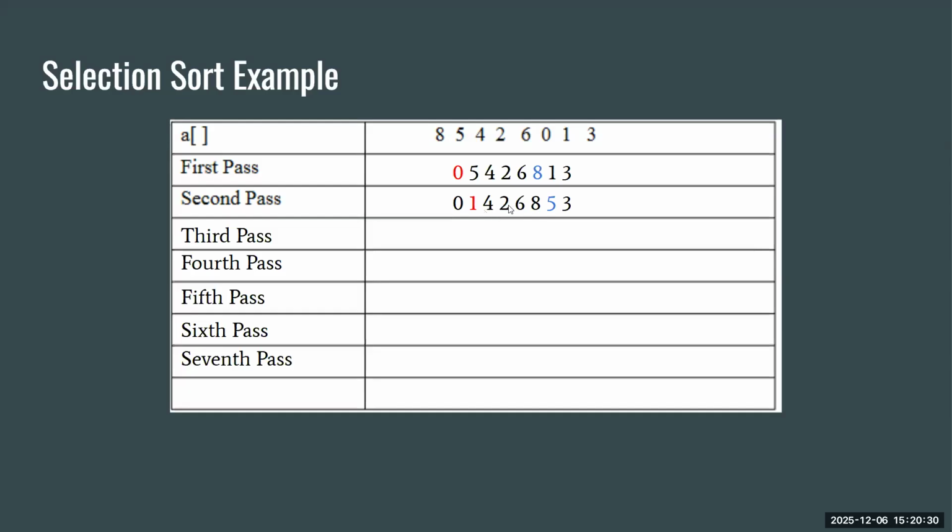So the next lowest value is 2. And so we're going to swap these values for the third pass. So 2 and 4 get swapped. And then for the fourth pass, we look for the next minimum value in the fourth position, which is 3. And 4 and 3 will be swapped.